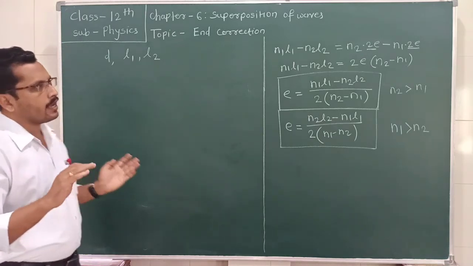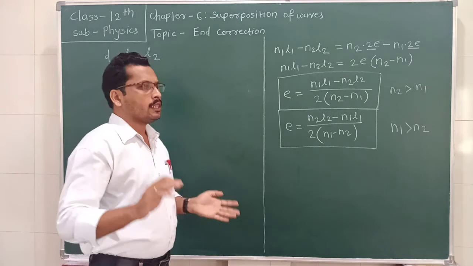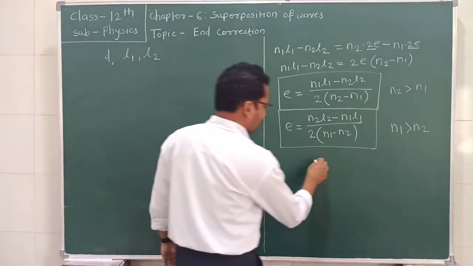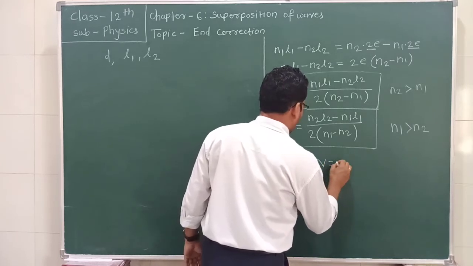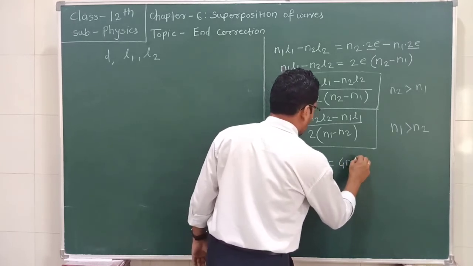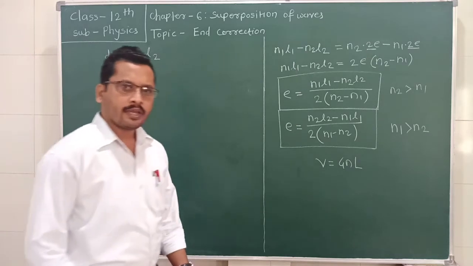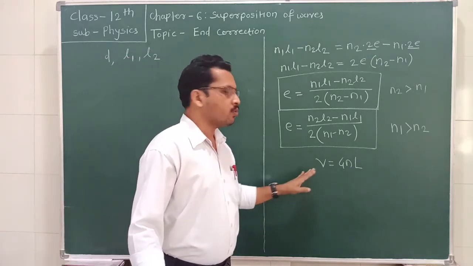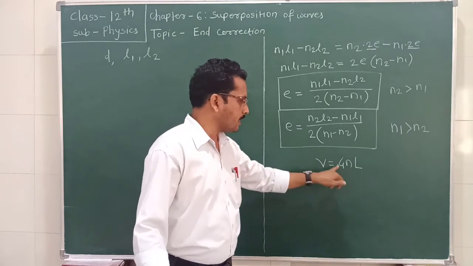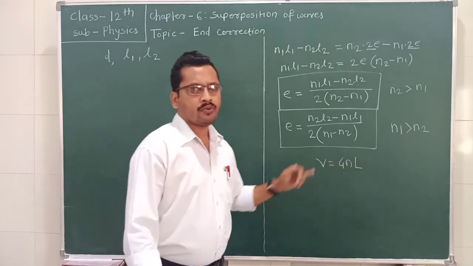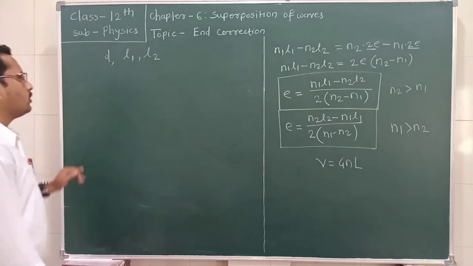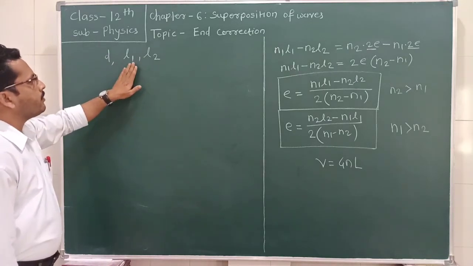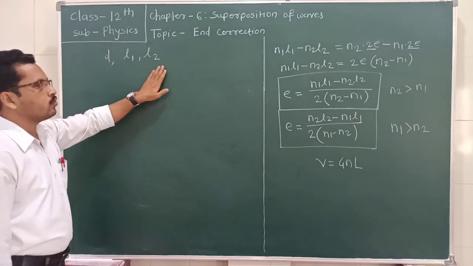जेव्हा पाईप हा एका साइडला क्लोज असतो तेव्हा जी व्हेलॉसिटीचं इक्वेशन आपल्याला मिळते ते अशा प्रकारचं असते बघा. This v is equal to 4nL. Okay, this is the velocity of a sound when the pipe is closed at one end. So here we are considering the two pipes having length L1 and L2.